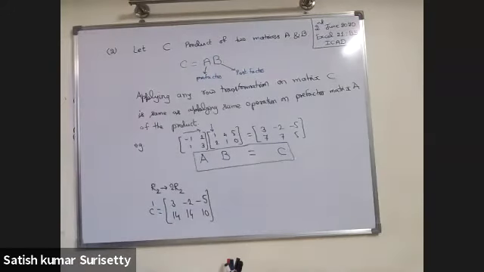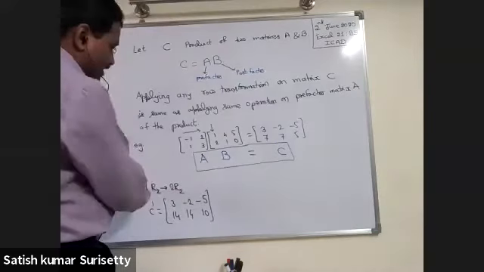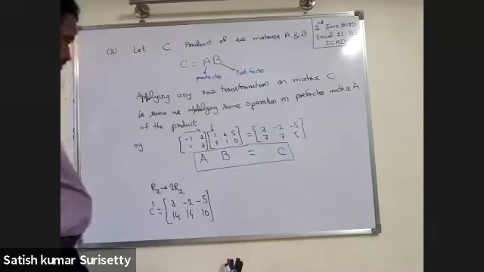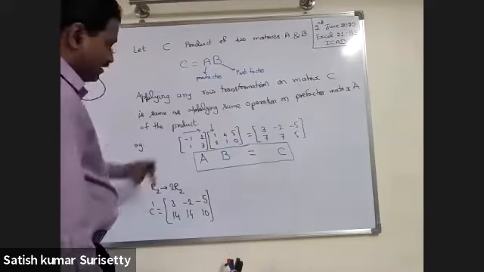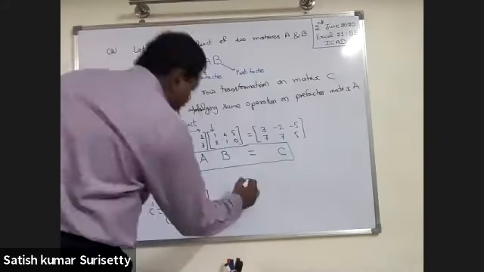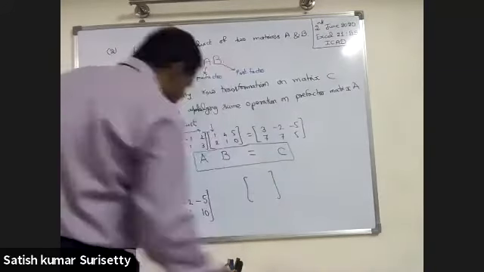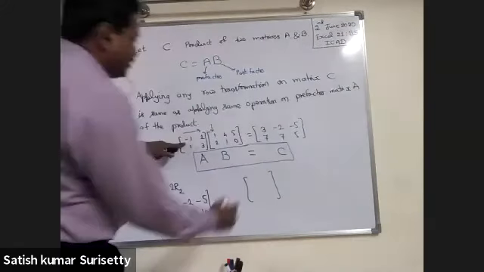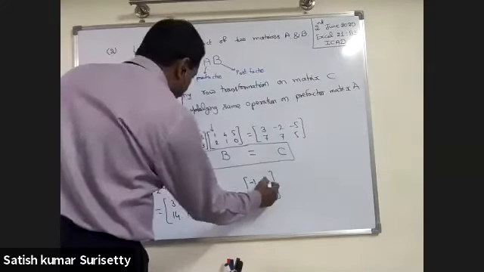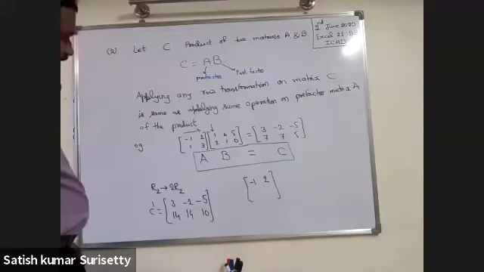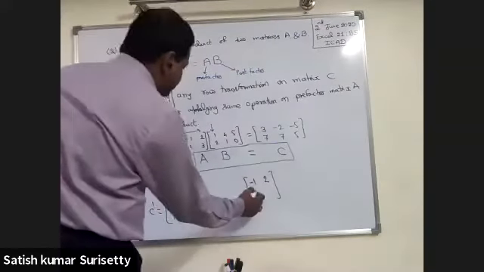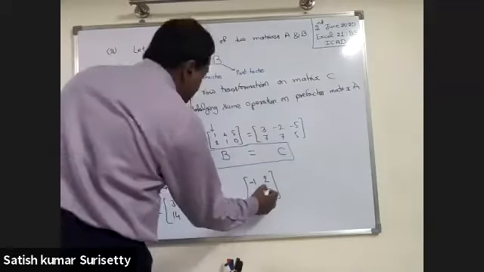Now as per the statement, I should apply the same operation on the prefactor of the product. Prefactor means A. Now apply the same operation on A and then take the product. What is the new matrix obtained from A? First row will be minus 1, 2. Second row 2, 6.